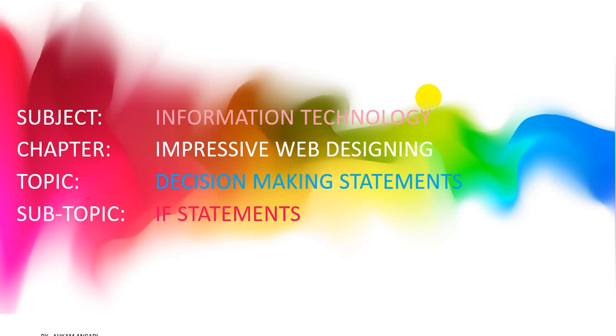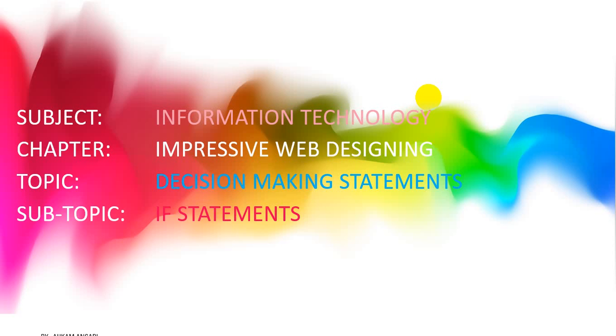In the same way, while we are going to write a program or anything, we get some situation where we have to take some decision, and on the basis of that decision, we have to perform certain next coding.